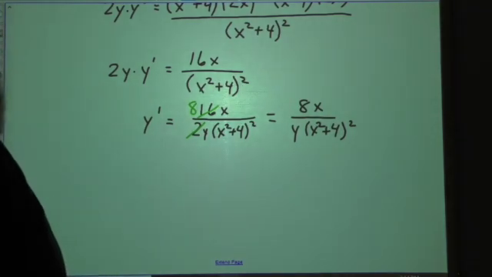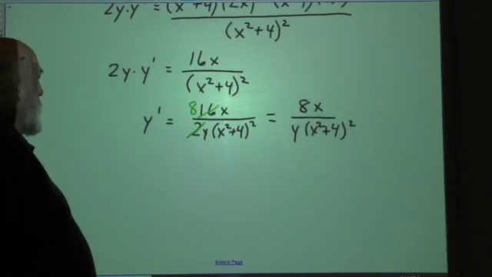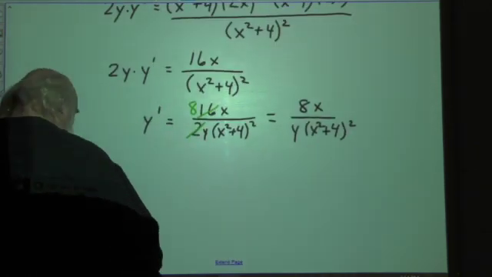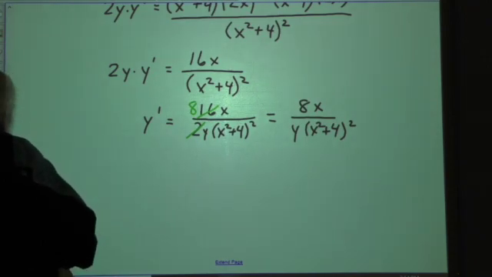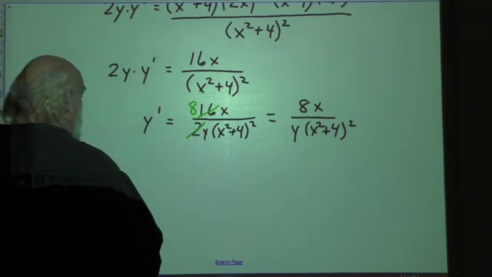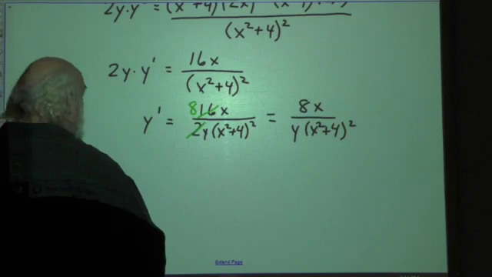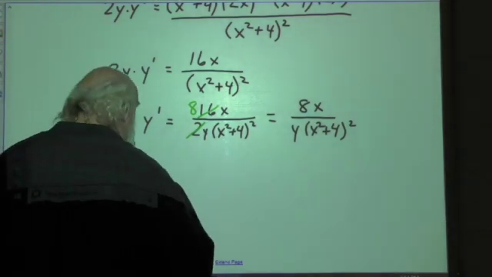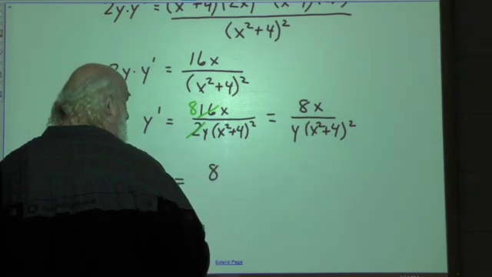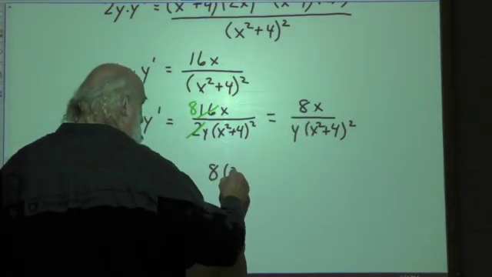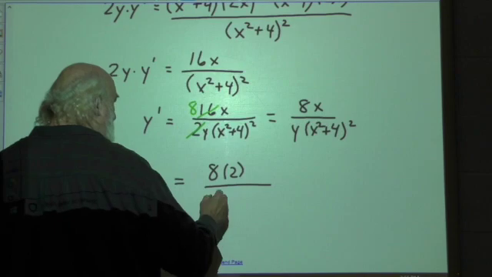Now let's go to the point. What is the point we're trying to find here? 2 for x and 0 for y. Okay, so let's go ahead and do that. So x is 2, so on top is 8 times 2. y is 0.